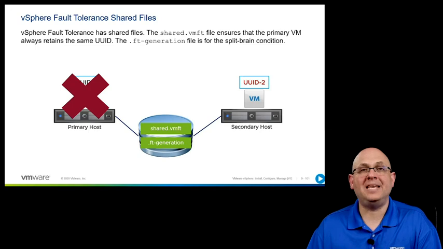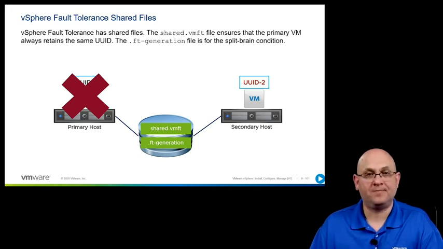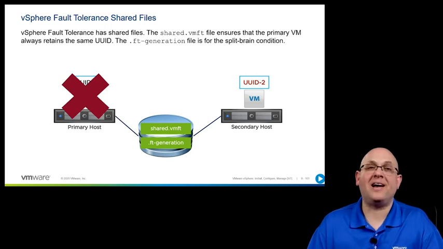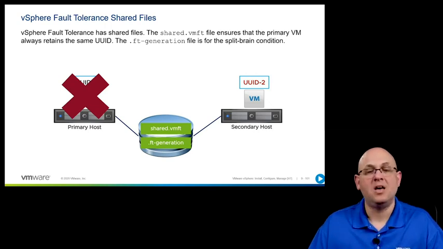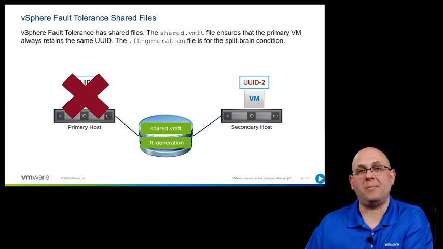The shared.vmft contains the unique identifier of the primary VM, okay? Because we know that the VMX files that contain the unique identifier of each VM will be different. But when we do a failover, we want the secondary VM to take over the identifier of the primary.